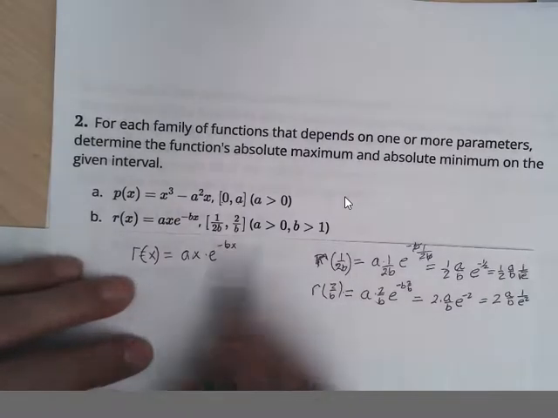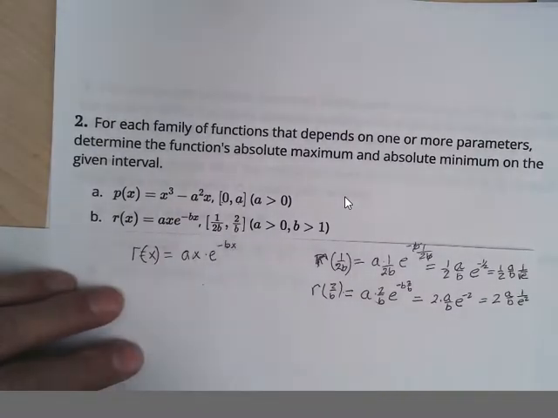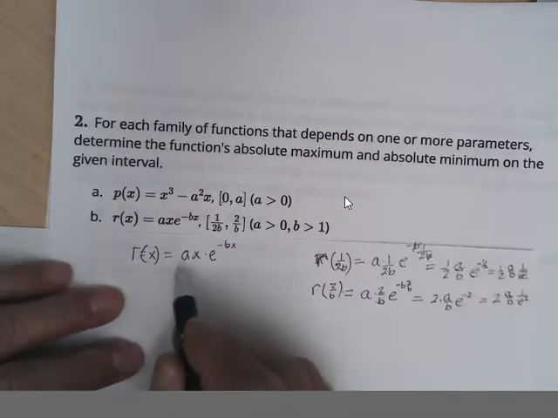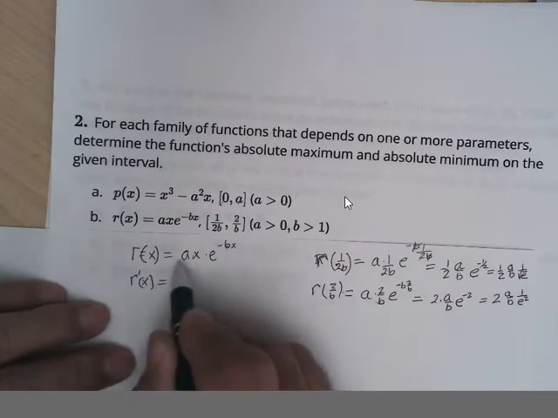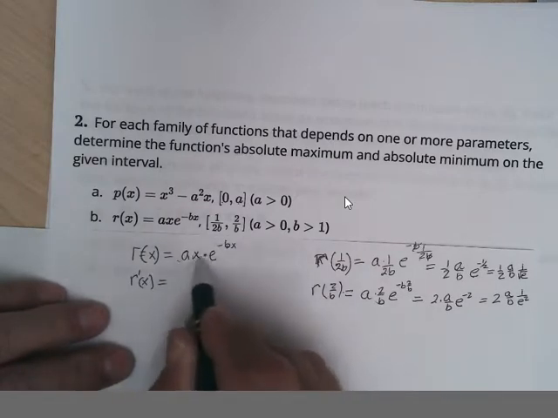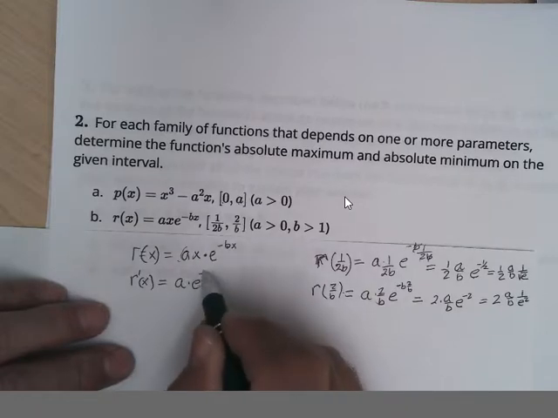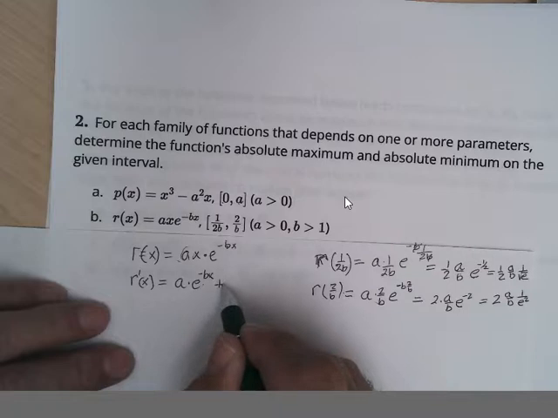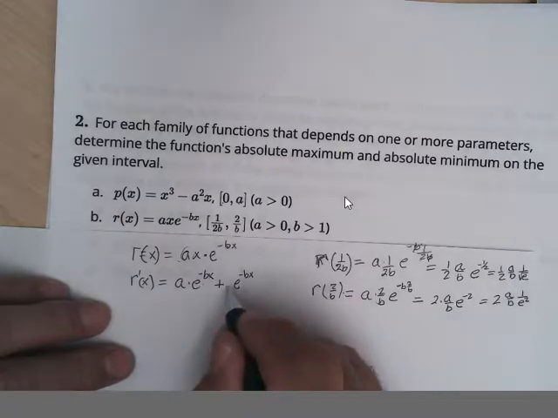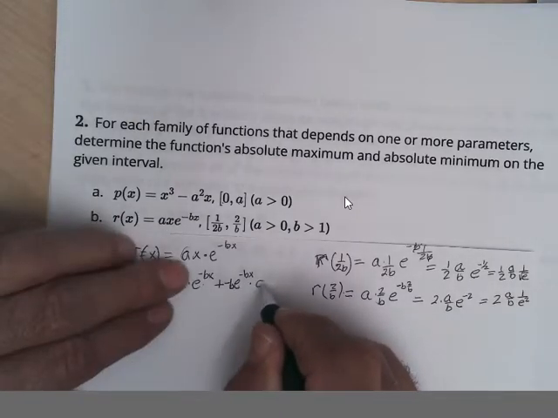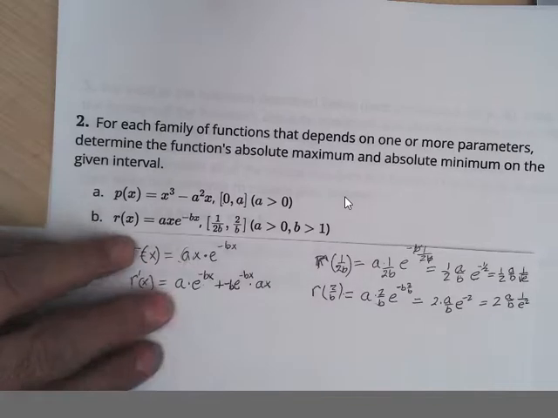And then we have to take the derivative of this and set it equal to 0. So r prime of x, so this is a product, so I'm going to take the derivative of that, which is a, times this, plus the derivative of this, which is e to the minus bx, times the derivative of minus bx, which is minus b, times a, or the first, which was ax.